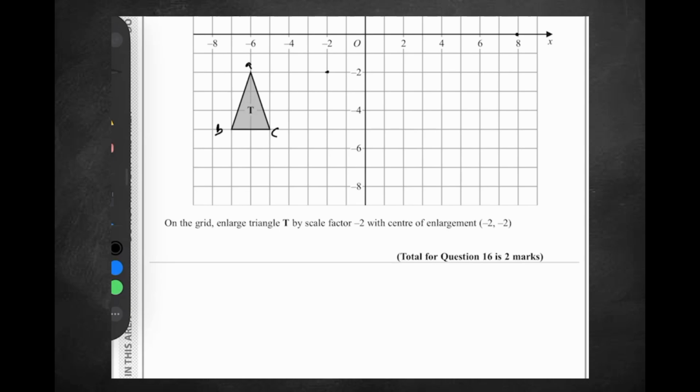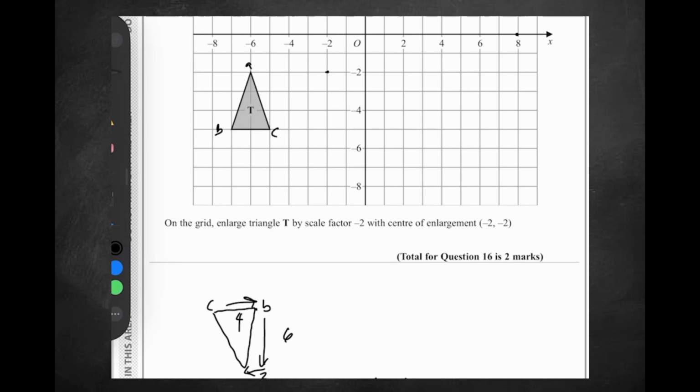So all that's going to do is flip point C and B round, so that C is now on the left of B, and the gap is going to be 4 squares. So C to B is going to be 4 squares, and then A to B is currently 3 squares up and 1 to the right, which means it's going to become 6 squares down and 2 to the left. So we're going to be looking at a triangle like this.